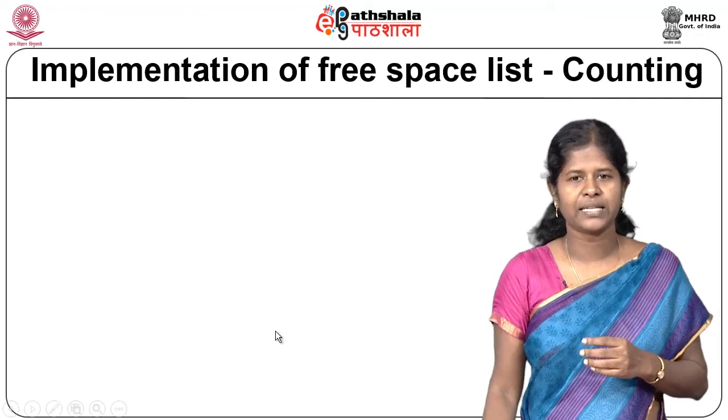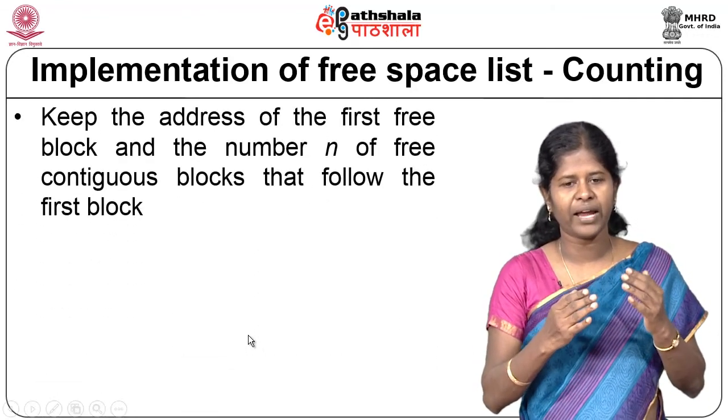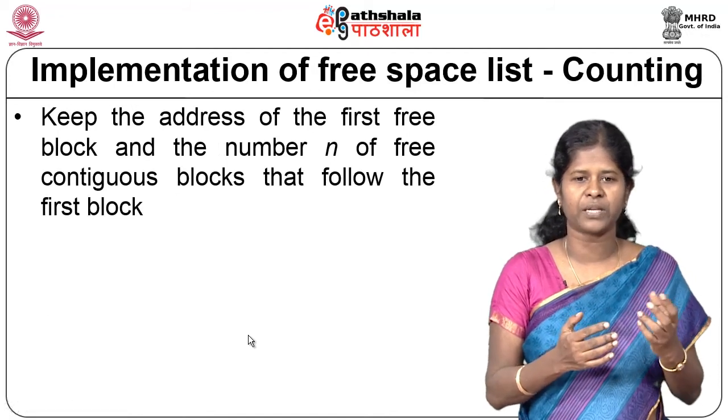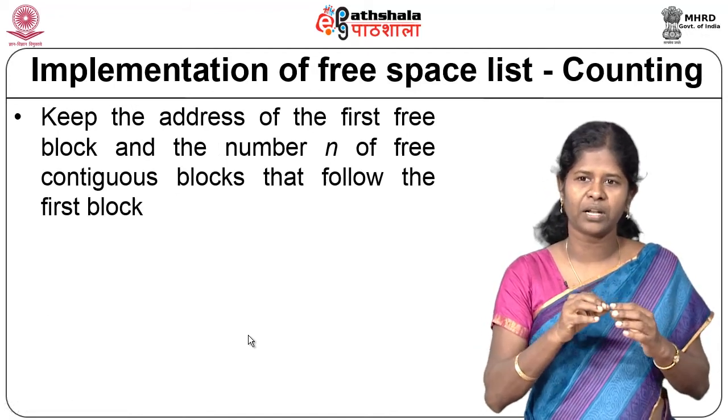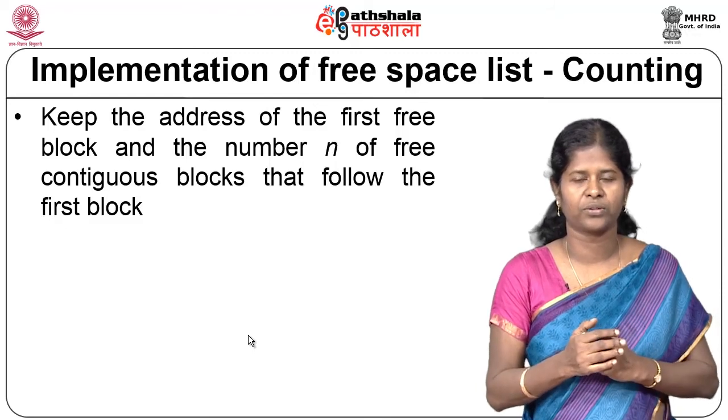The next method is counting. If you have, say, 5 contiguous free disk blocks, in the previous method you would put down all the free disk block numbers one after the other in the index block.